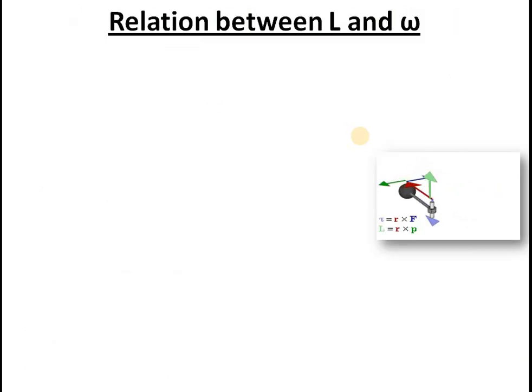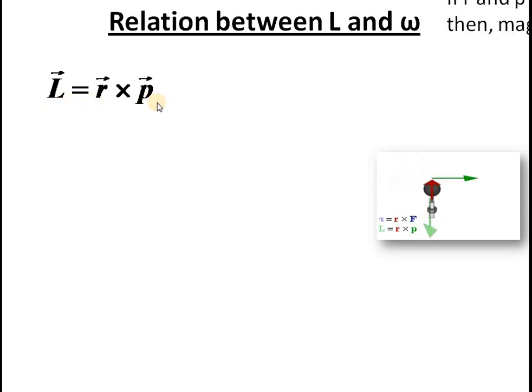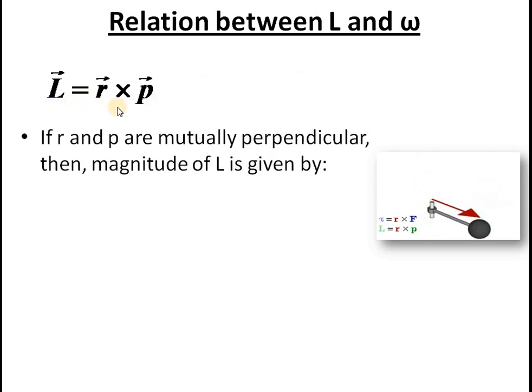And now the relation between angular momentum and omega, the angular velocity. You already have L equals r cross p. If r and p are mutually perpendicular, with r radially like this and p like this, this is the case of perpendicular.